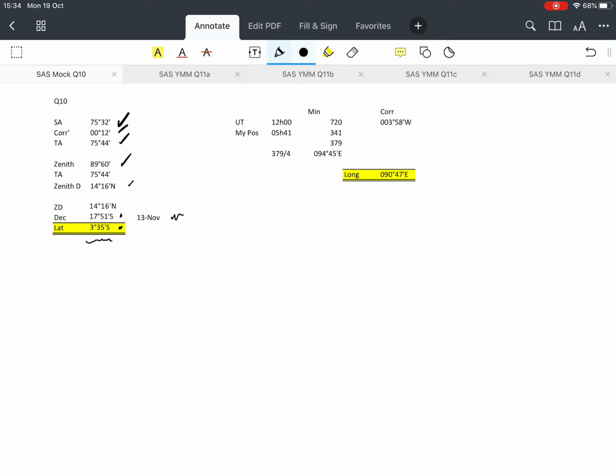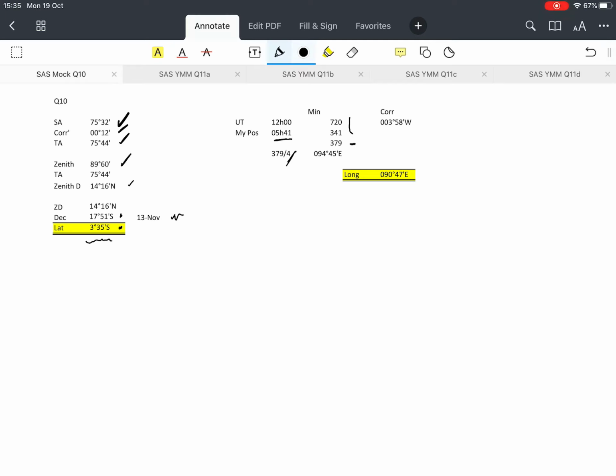Okay, the longitude. At my position at 1200 hours, the universal time was 0541. So it was less, and least is east. We convert both of those into minutes to work it backwards, so we find our difference in minutes.